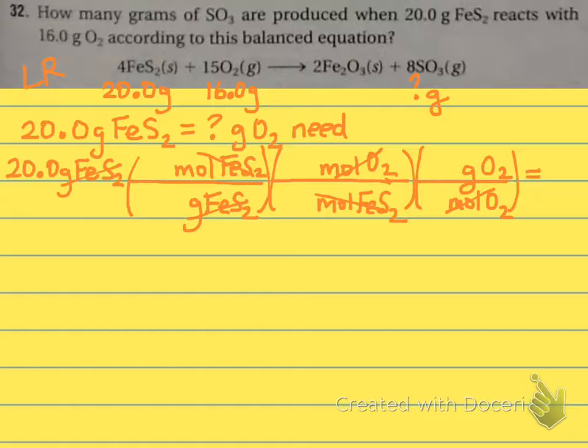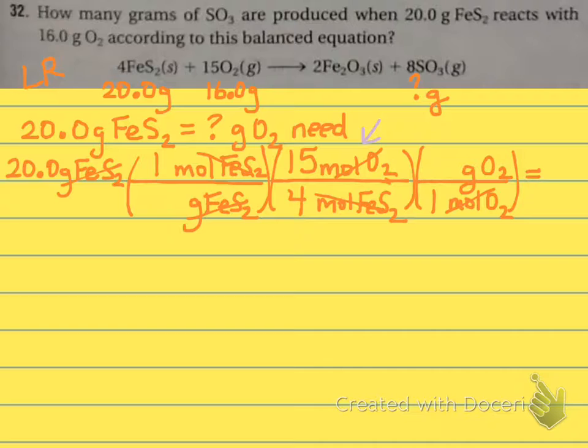Again, easiest numbers are probably my mole ratio, because those are my coefficients. My coefficient on oxygen is 15, and on iron sulfide it's 4. And then for my molar masses, my moles are always 1, and the grams come from my periodic table and adding them up.